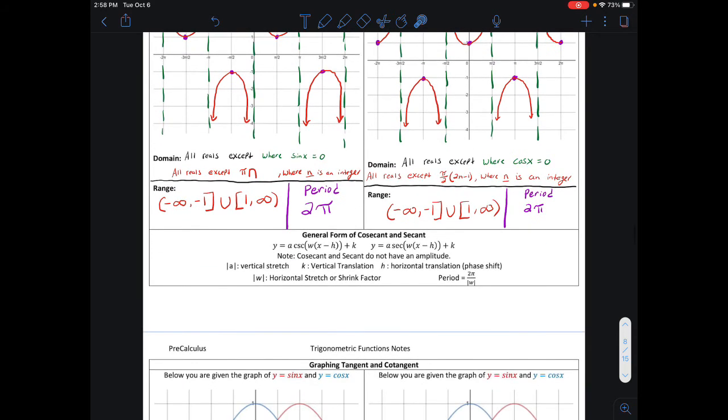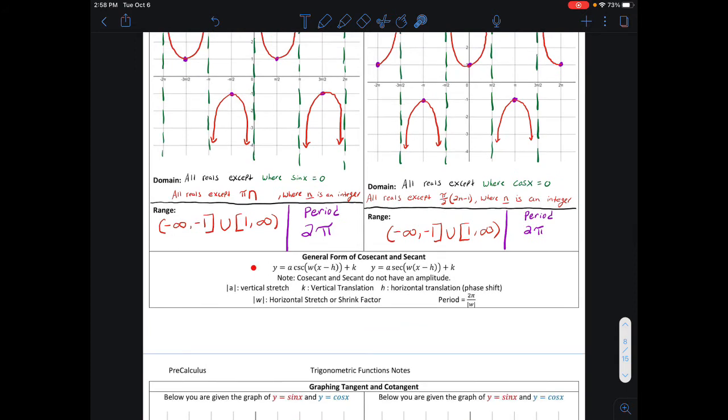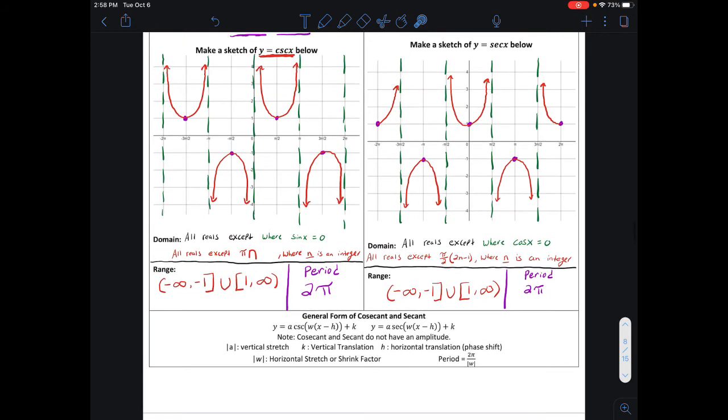The general form of cosecant and secant looks very similar to that of sine and cosine. The main difference is that technically secant and cosecant do not have an amplitude. Even though I use the same letter, they don't have an amplitude because amplitude is defined as the maximum displacement from the midline. Since secant and cosecant technically don't have maximums or true minimum values, I can't identify the A as being an amplitude.